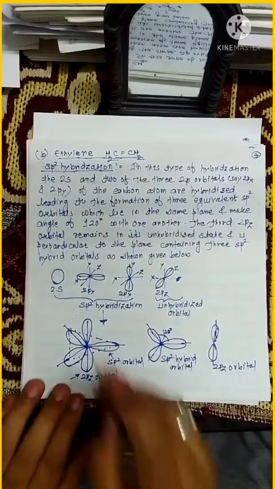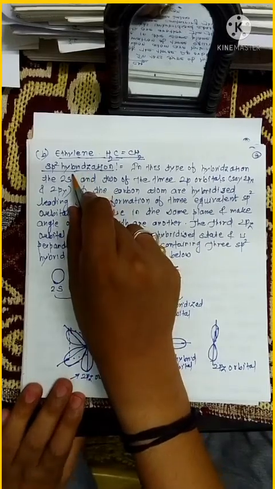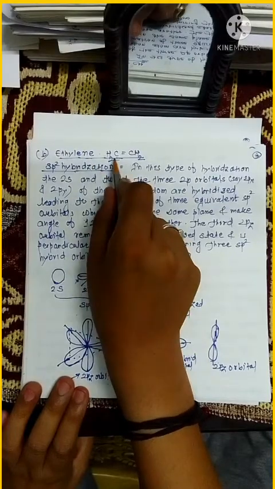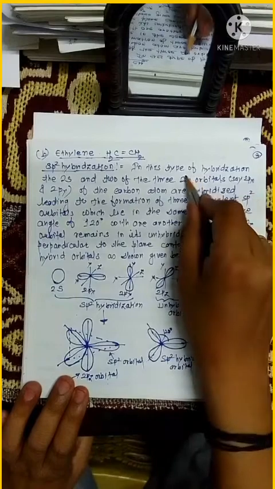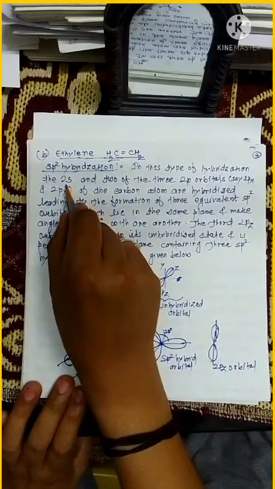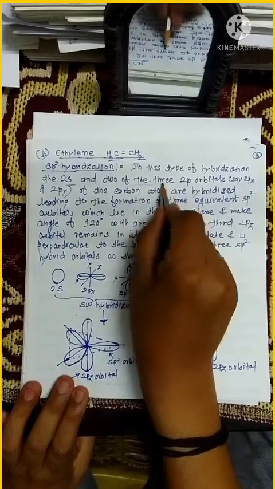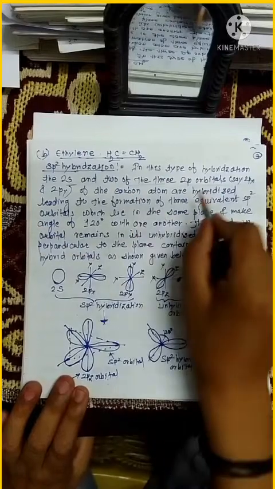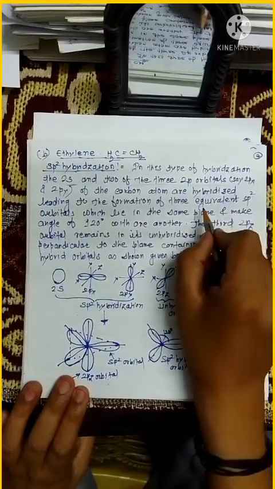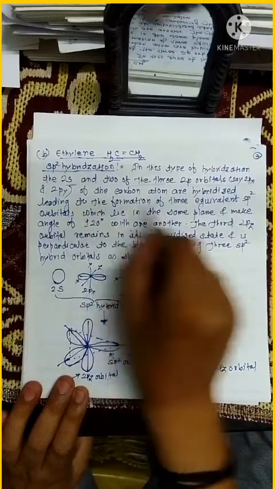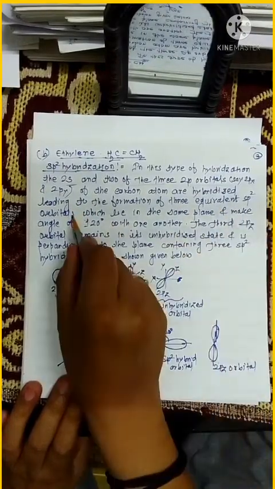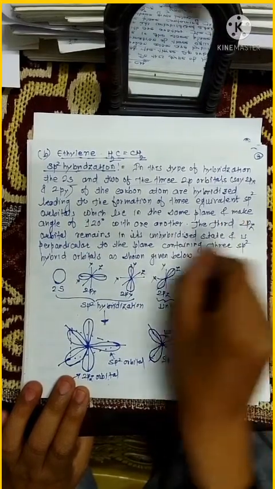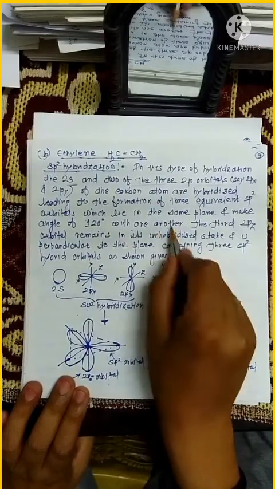Now we are going to see sp2 hybridization. The best example for sp2 hybridization is ethylene, that is CH2. In this type of hybridization, the 2s and 2 of the 3p orbitals, say 2px and 2py, of the carbon atom are hybridized, leading to the formation of 3 equivalent sp2 orbitals which lie in the same plane and make an angle of 120 degrees with one another.